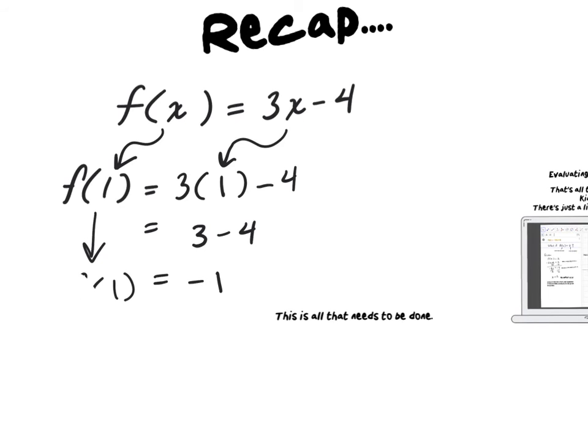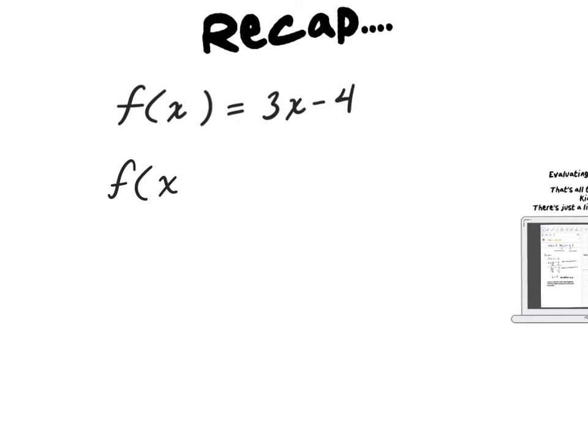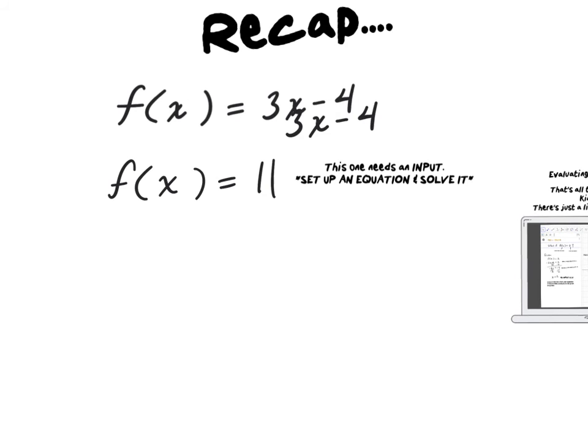All right, so let's clear all of this away and let's take a look at finding an input. So f of x is equal to 11. This one needs an input, and remember, we have to set up an equation to solve it. So there's my 3x minus 4, that's my function.